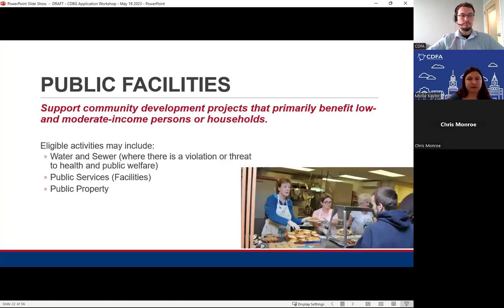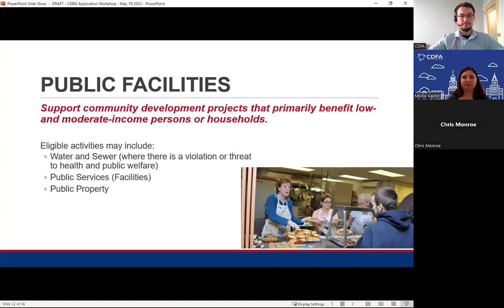The next type of eligible activities are captured in our public facilities program. They fall into 3 subcategories: water and sewer, public property, and public services. So water and sewer eligible activities may include extending or replacing water and or sewer lines, constructing water or sewer treatment facilities, constructing water storage tanks or reservoirs, construction or replacement of wells, and the extension or the replacement of water and wastewater systems that serve medical facilities or nursing homes.